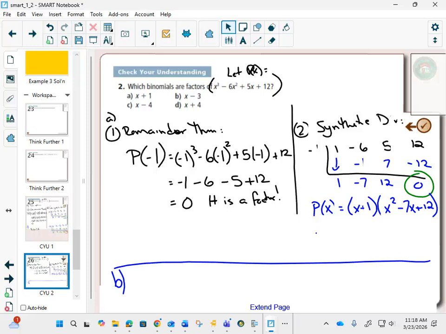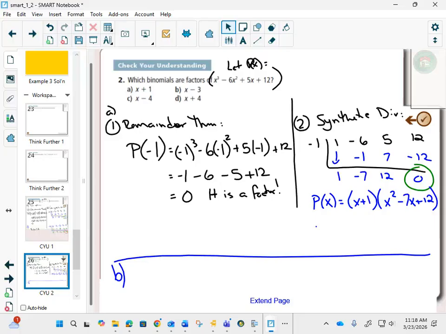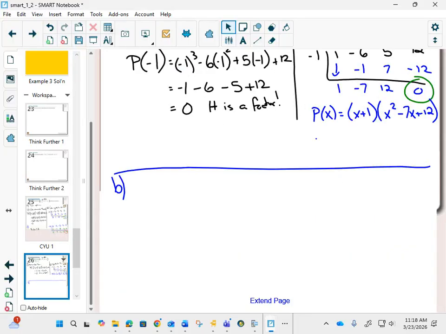So for A, if I was asked to find out a remainder, I could definitely see remainder theorem or synthetic division being equally worthwhile to use because the number was a 1. For B, C, and D, I definitely go to synthetic division because the numbers are bigger. So for B, I'd set it up. My setup.